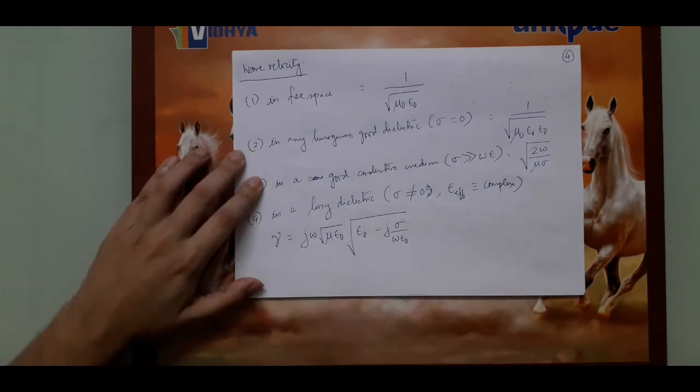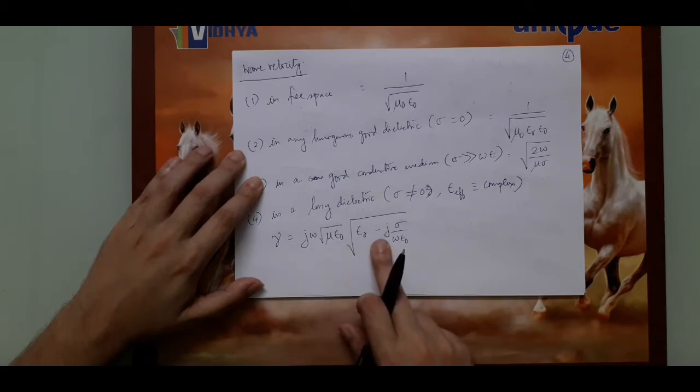What you can do now is actually take the square root of this complex quantity and then using that you can find out beta.